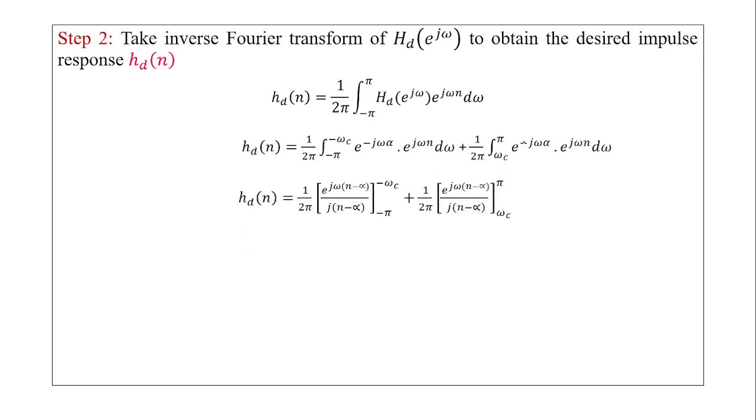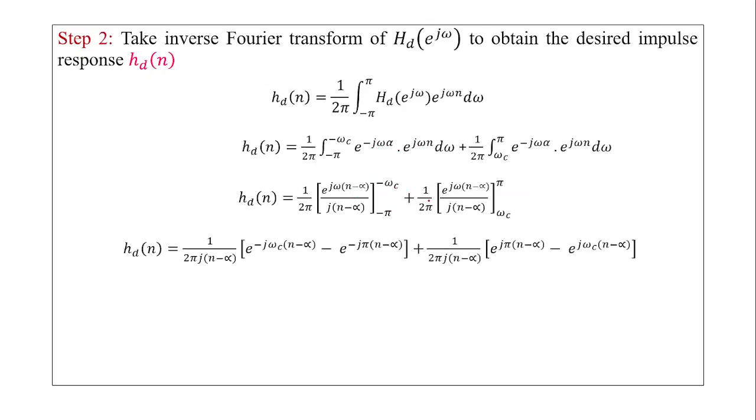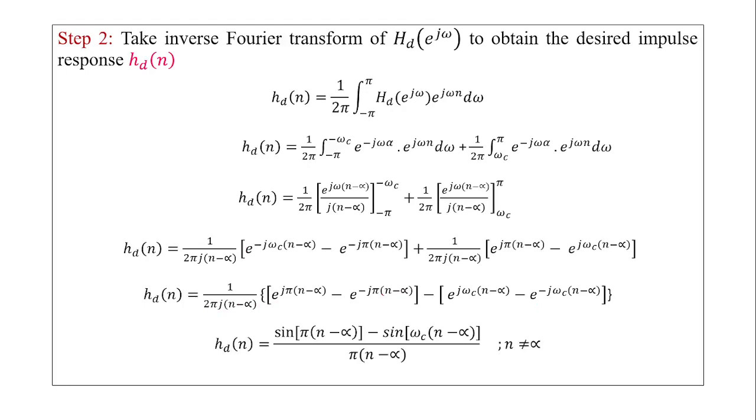Integrating e power j omega (n minus alpha), substituting upper limit minus lower limit, and taking 1 by 2 pi j into (n minus alpha) common, then rearranging, we get sin pi(n minus alpha) minus sin omega c(n minus alpha) divided by pi into (n minus alpha), for n not equal to alpha.